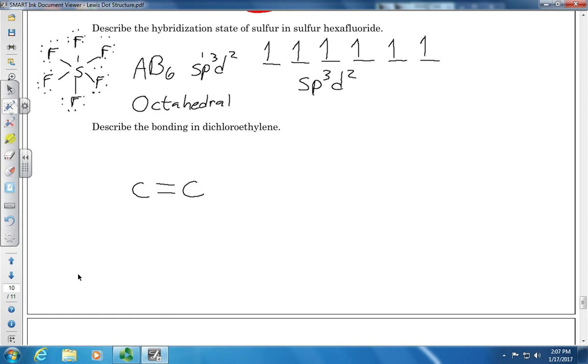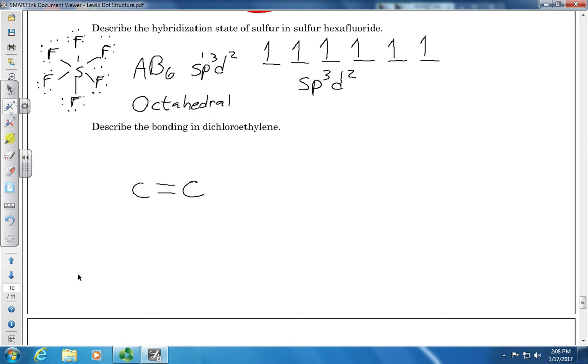So this double bond has to do with the ene at the end, and the fact that there's two carbons has to do with the ethyl component of the name. So the ethylene means that there's two carbons that are double bonded together, and then the dichloro means that there's two chlorines. So that means if carbon makes 4 bonds, there's a spare bond for each carbon, which will be taken up by hydrogen.